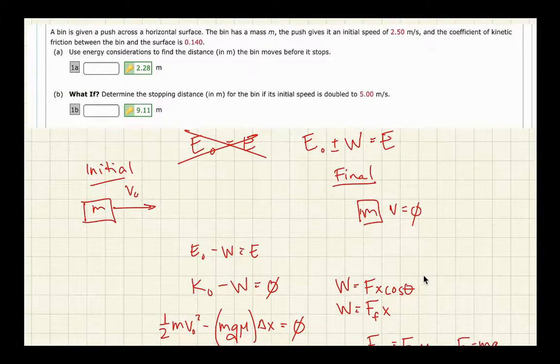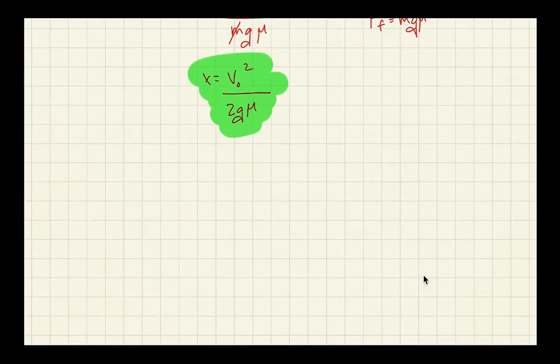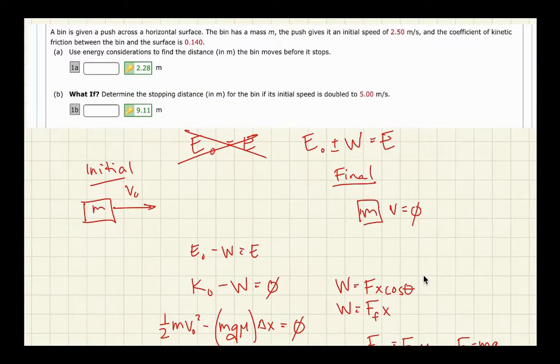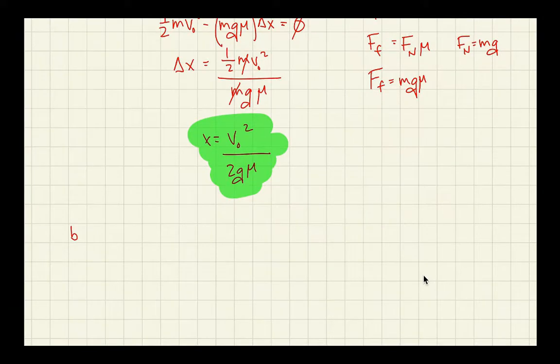For part B of this question, what would the stopping distance be if the initial speed is doubled? This question is probably most simply answered, instead of actually doing calculations, in terms of the meaning of kinetic energy, right? So we have the initial kinetic energy is going to be equal to the work done.